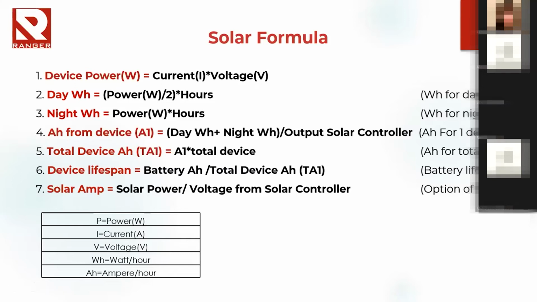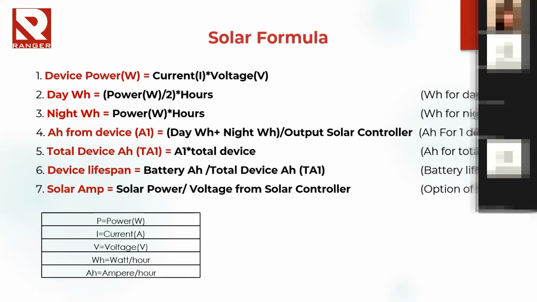From the previous slide, I showed the MPPT current, which is 10 ampere, 20 ampere, 30 and 40 ampere. So how do you know to choose the best MPPT current? You must know your solar power and the output voltage of the controller.